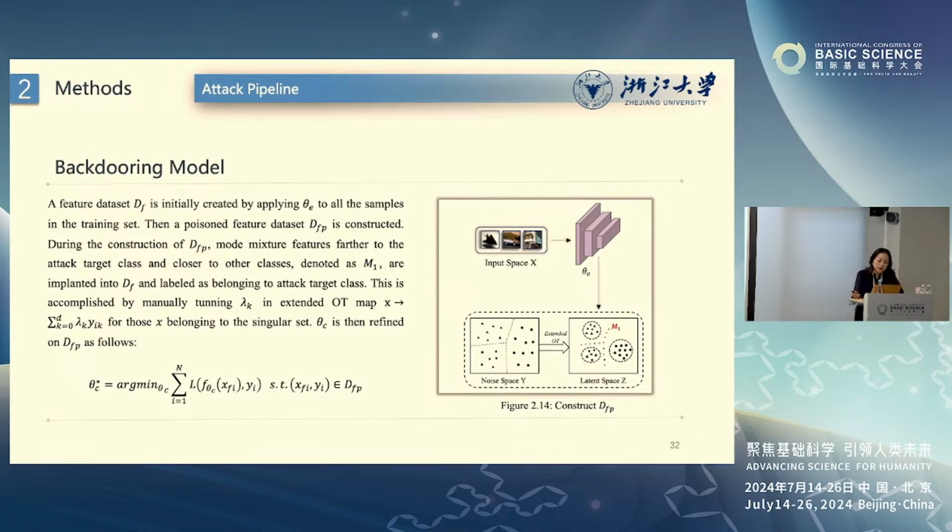Then the point in the feature mixture, the class closer to it, is labeled as belonging to the attack. So then the newly turned set is then refined.